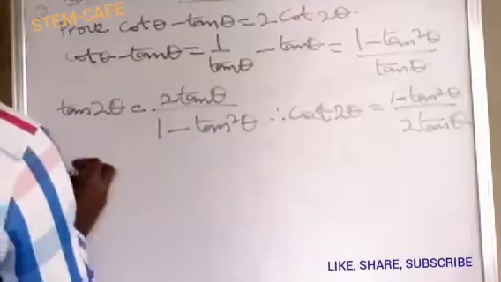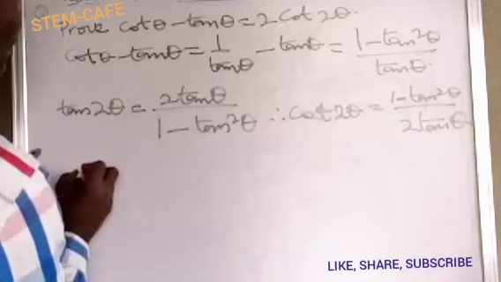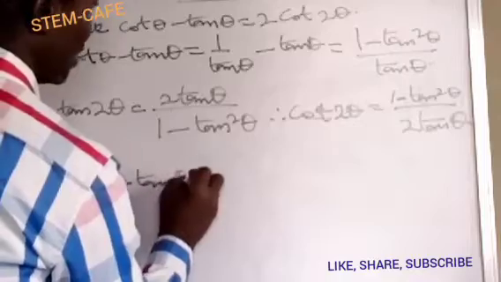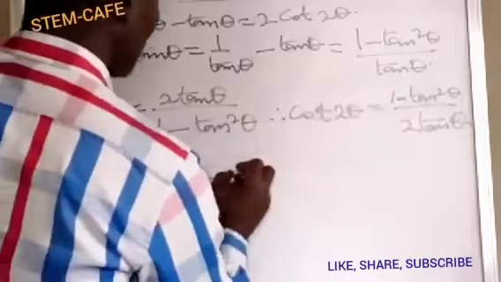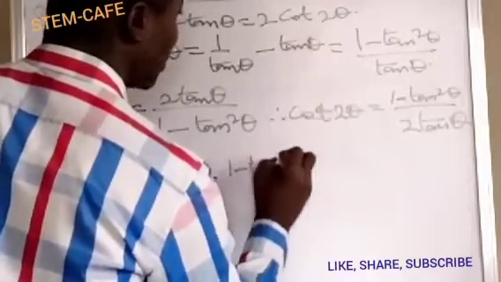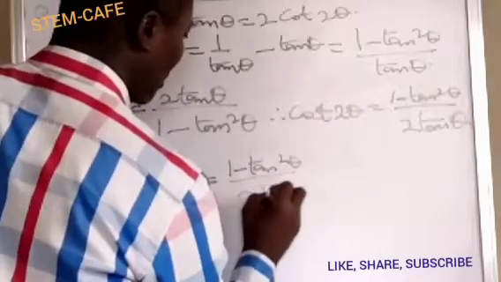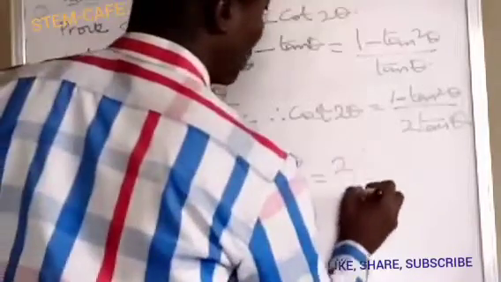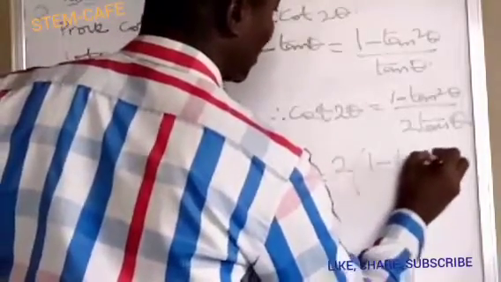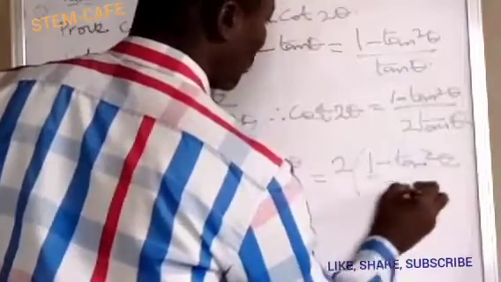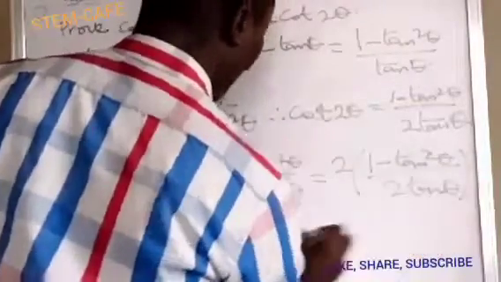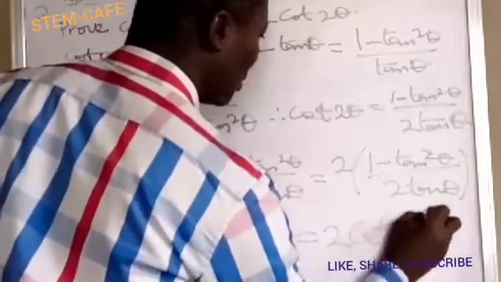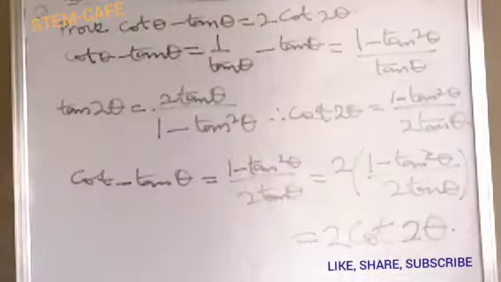So cot theta minus tan theta is equal to 1 minus tan squared theta over tan theta, which is 2 into 1 minus tan squared theta over 2 tan theta, which is equal to 2 cot 2 theta.